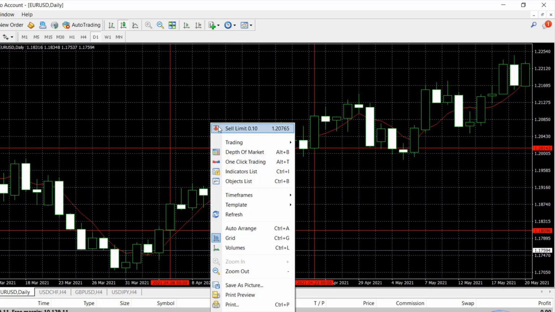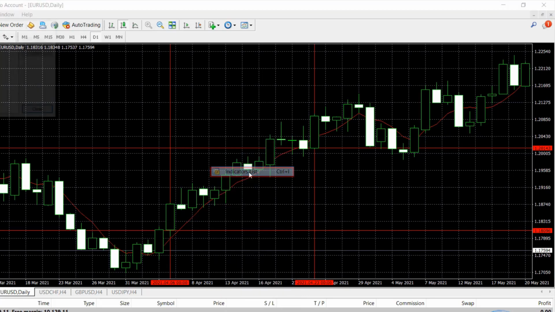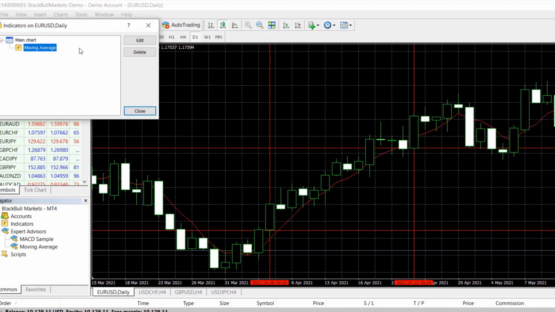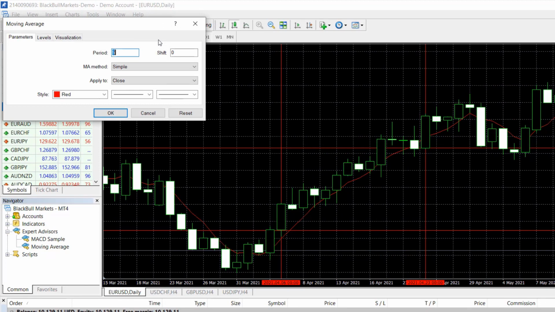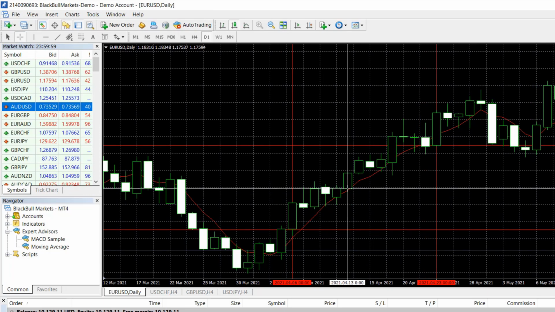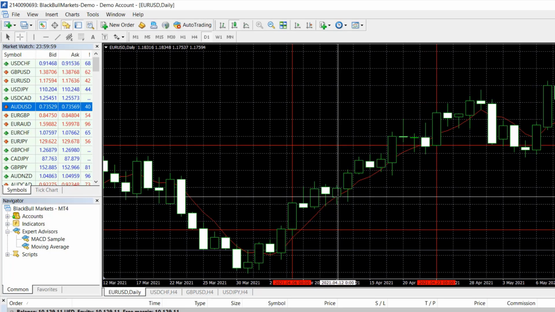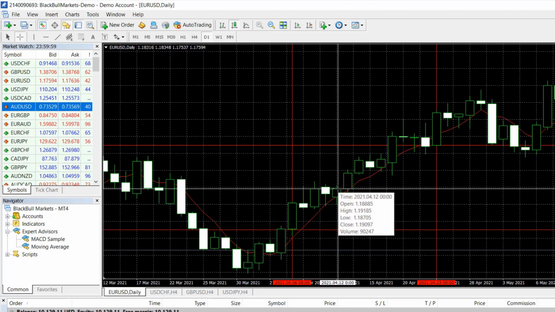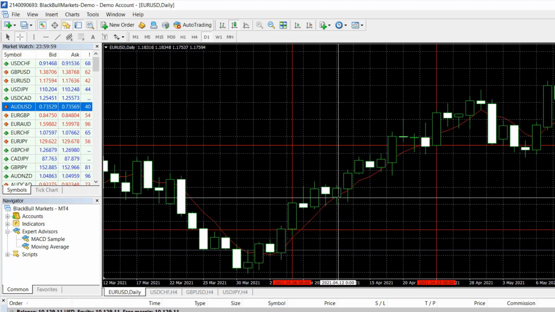If I right click over the chart and go to indicators list, I will go to the settings of the moving average, I will click on edit, and you will see that it applies to close, which means that this value of the moving average at this candlestick right here, 118.90, is at the closing of the candlestick, not at the opening.